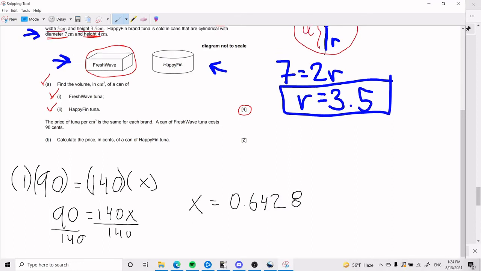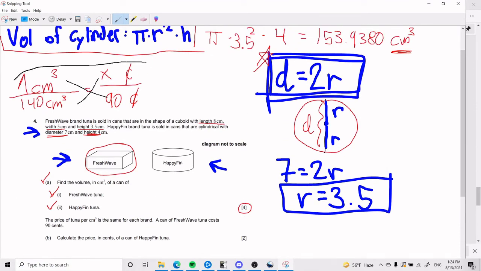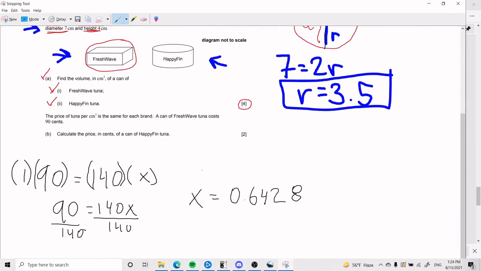And so, going back to our relationship that was up here, we know that 1 centimeter cubed is worth just about 0.6428 cents, right?